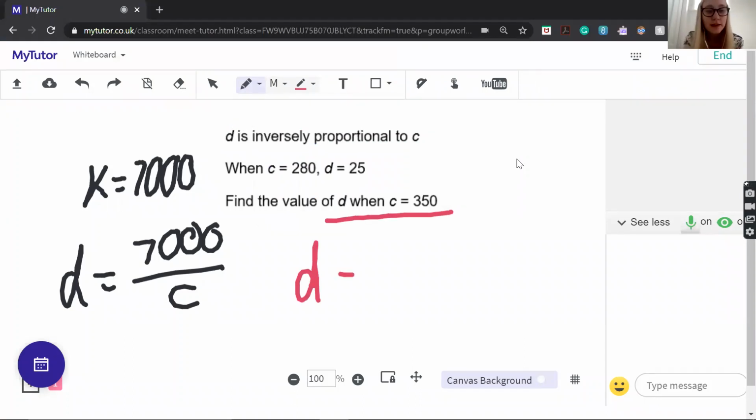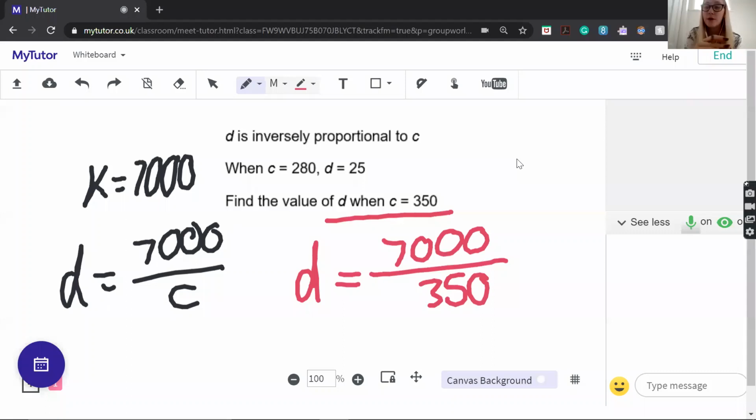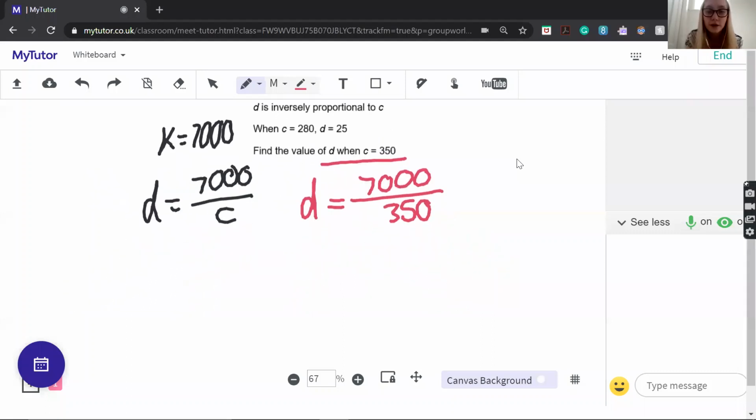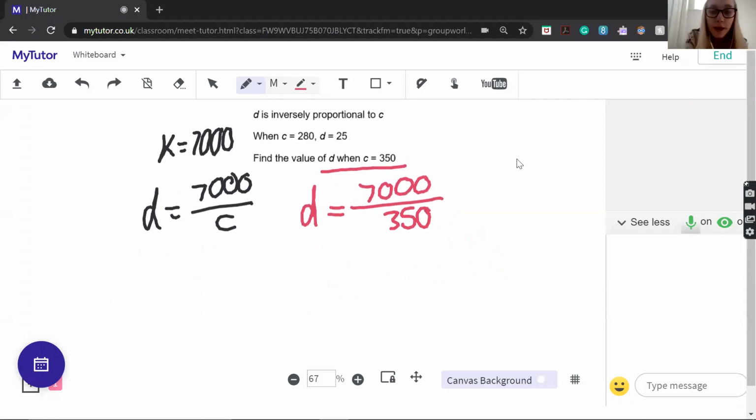So we say D equals 7,000 divided by 350. That's just where we see C, we write 350. And therefore, we pop that into our calculator. 7,000 divided by 350 equals 20.